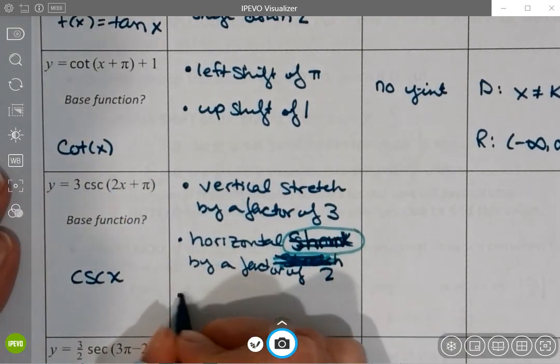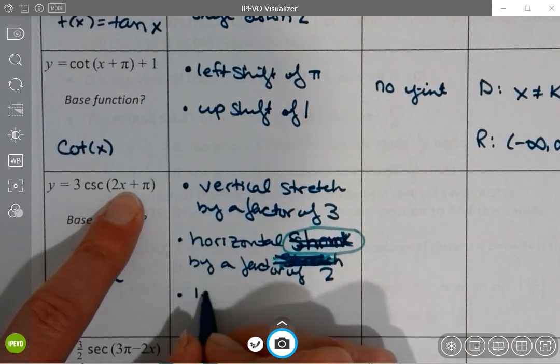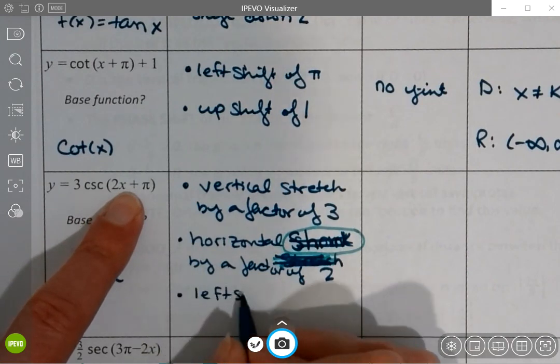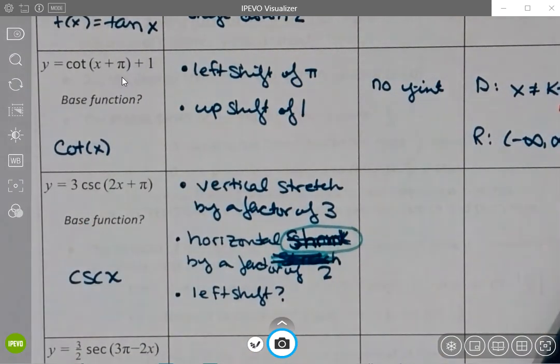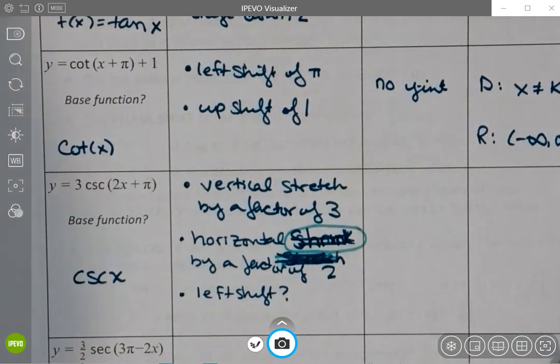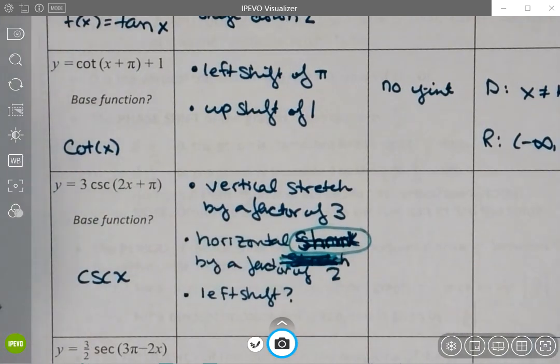Then it also has a shift to the left, but how much? So the 2 right here needs to be factored out.